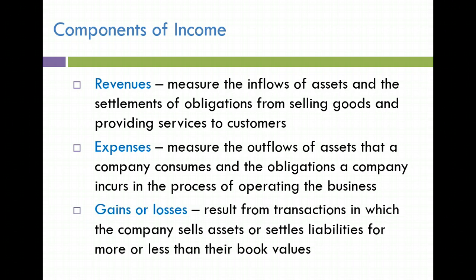Gains and losses do not have to do with operating the business, the income that comes in and the expenses that flow out. Gains and losses are basically from selling assets or possibly settling liabilities for more or less than their book value. An example of an asset being sold that would provide a gain or a loss is a building.